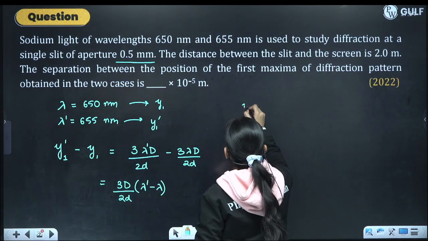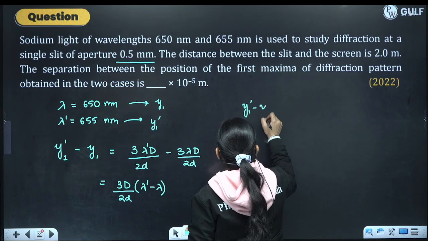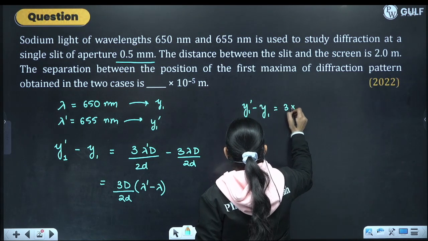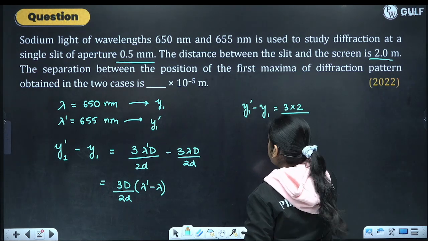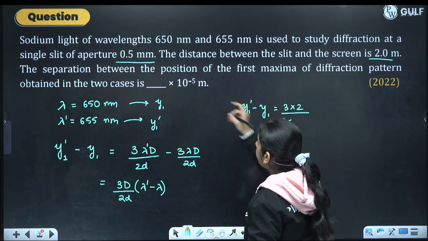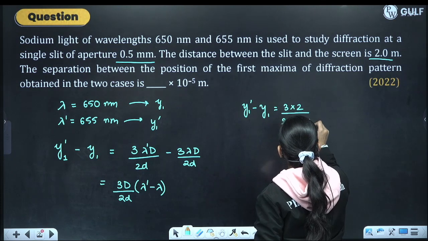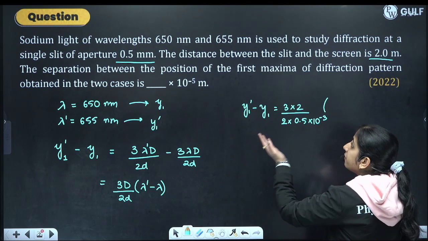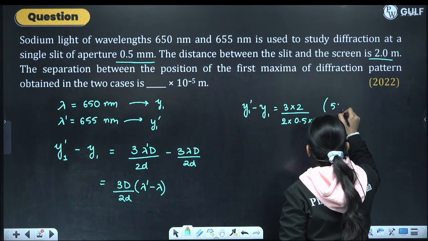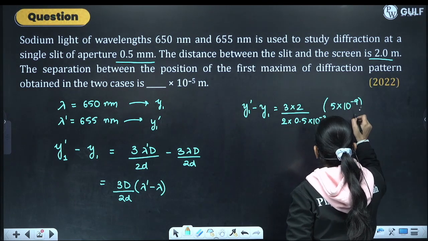Substituting the values, we will get y1 prime minus y1 as 3 into D, which is 2 meters, divided by 2 into d, which is 0.5 millimeters, into 655 minus 650, this corresponds to 5 nanometers, okay.